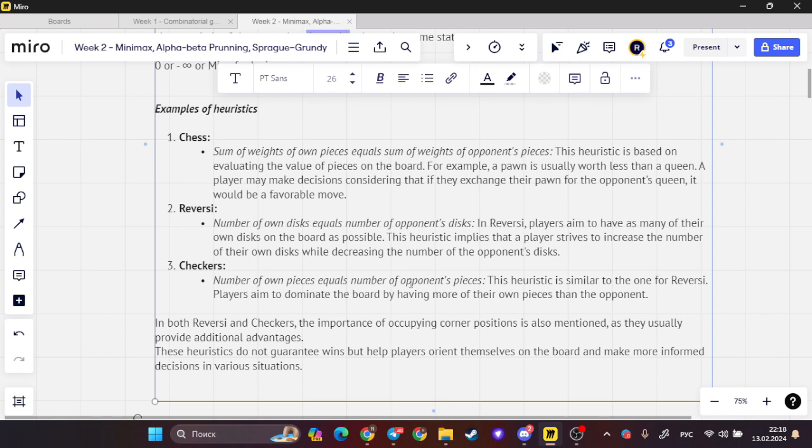Okay, but how can we use it? How can we use this function to find a winning strategy that has the best chances to win?